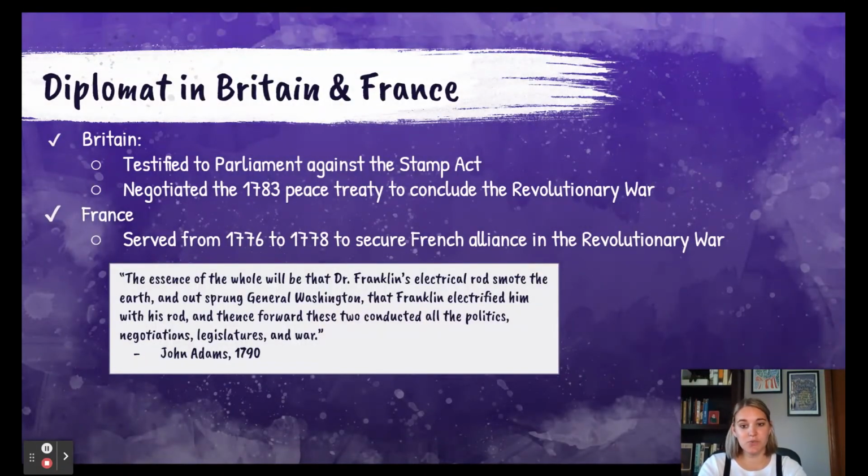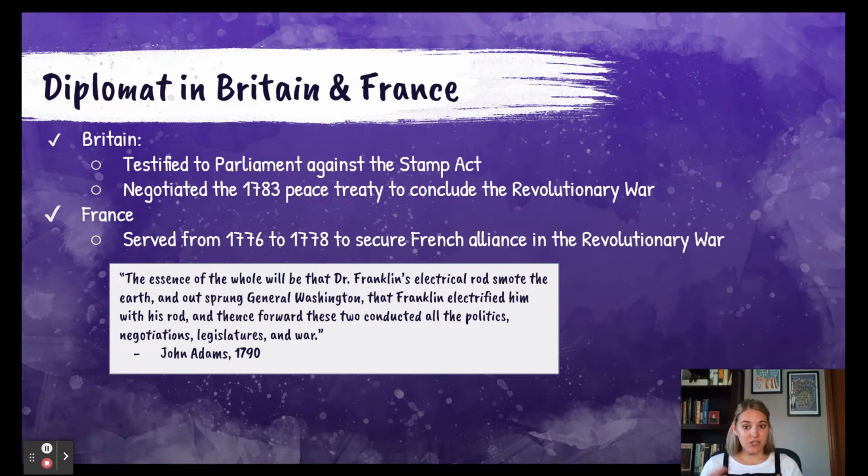So moving on to his role in Britain and France, what we see happening is that during the war and the revolutionary movement, Ben Franklin is going to travel to Europe. So he first is going to testify in Parliament against the Stamp Act. And so he is going to help convince people in Parliament to repeal the Stamp Act.